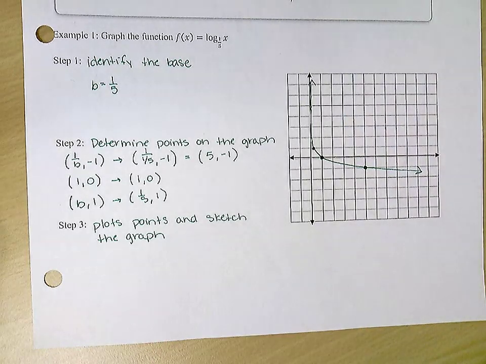So that would be your logarithmic graph. Questions on that one? Using your 3 different points and your b value to plot those points. Fairly easy, yes? Not too bad?